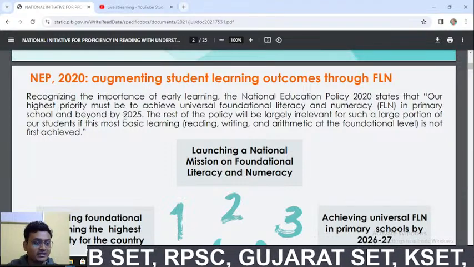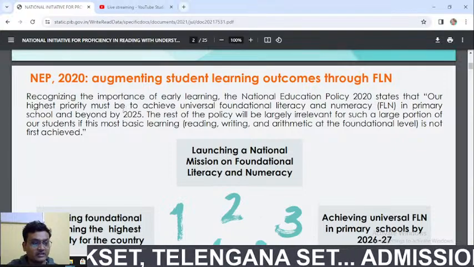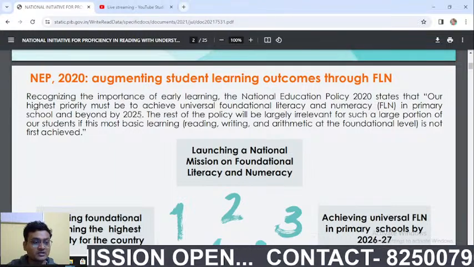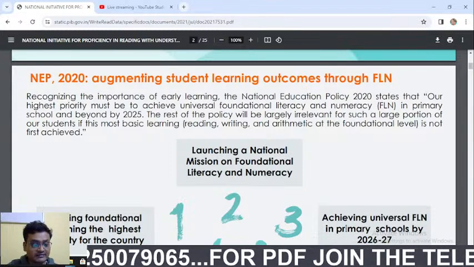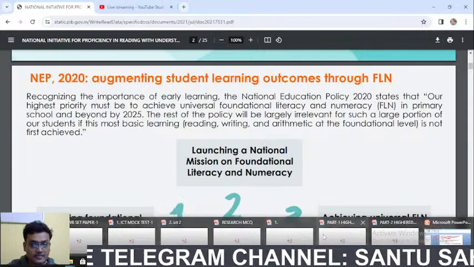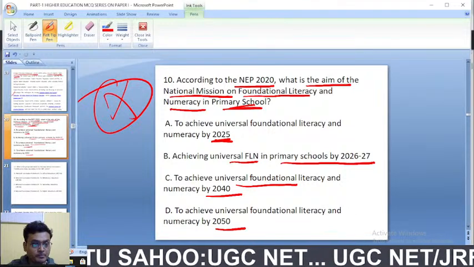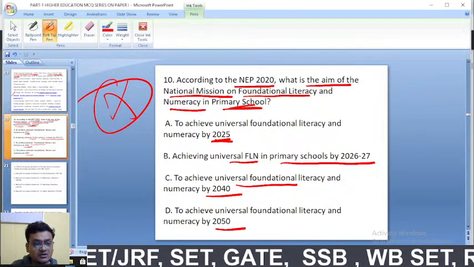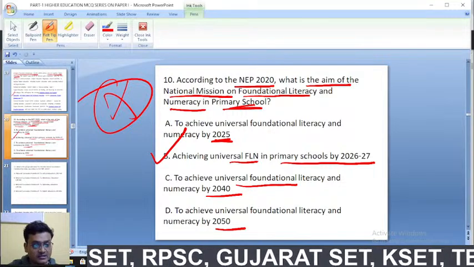Here it is given by 2025. So you have to answer by looking at the options. 2025 is here too: universal foundational literacy and numeracy in primary school and beyond by 2025, and here in only primary schools 2026 to 2027. So look at the question and answer. If there is primary school, then only 2026-27. 2025 can also be, I showed you the PDF.